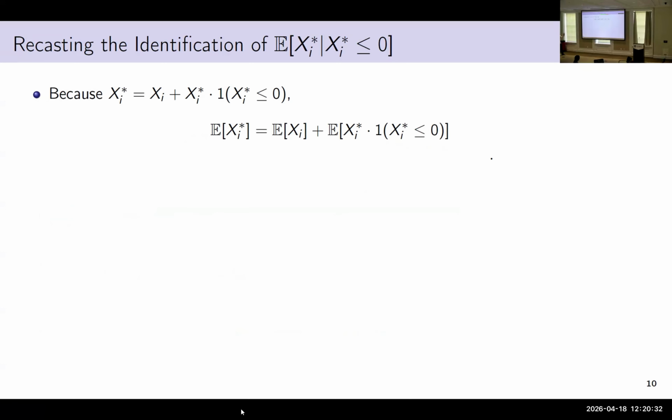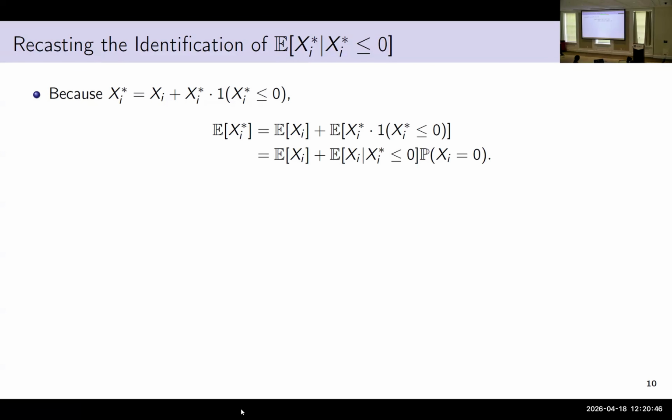Expectations are linear, so we get this nice equation. If we iterate expectations here, we get exactly what we need to identify, times the probability of x being negative, which is just the probability of bunching. So now we can map what we want to identify to this other quantity, the expectation of x star not just in the negative region but over the entirety of the support.